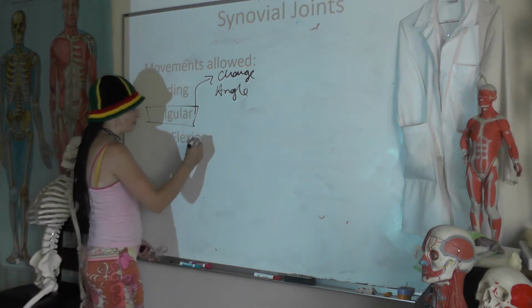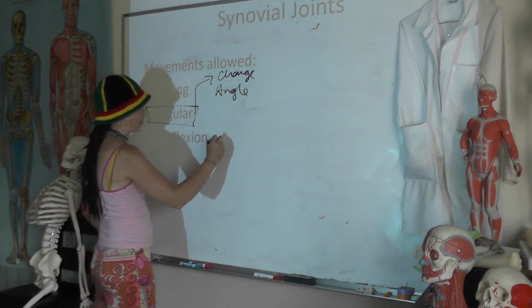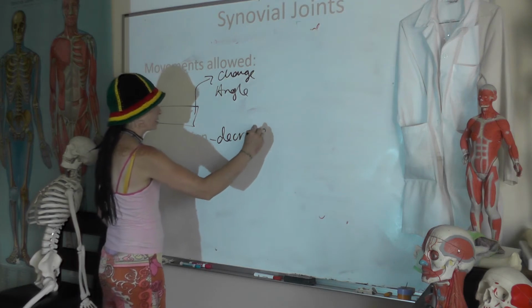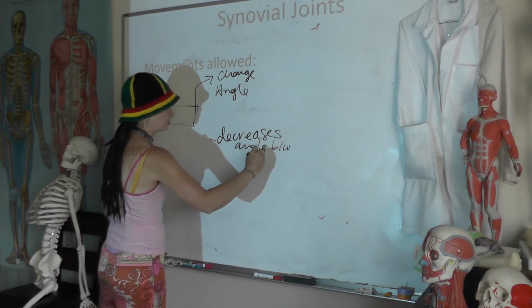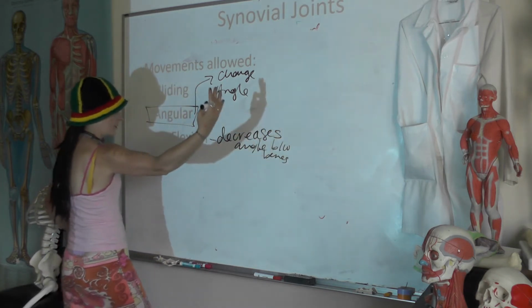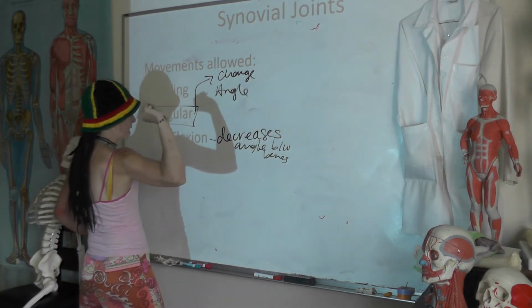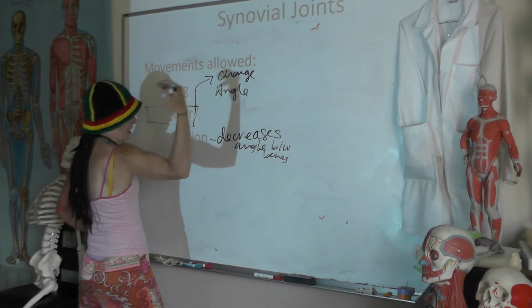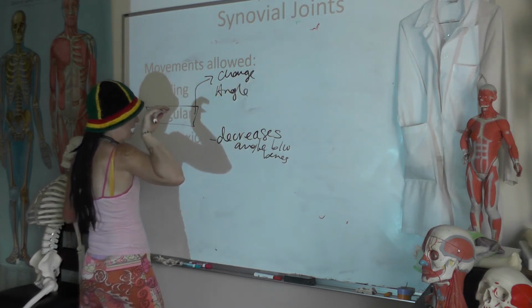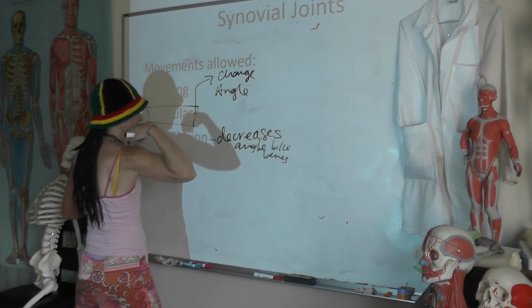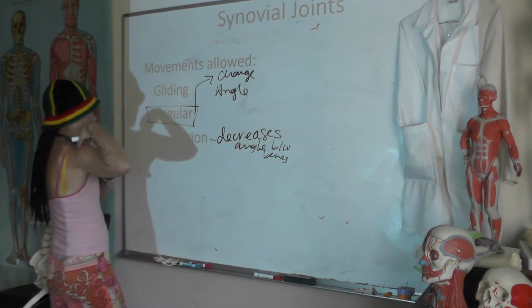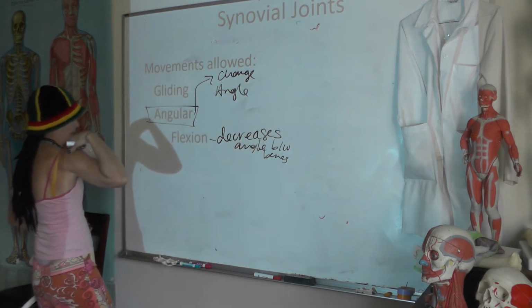Flexion decreases the angle between the bones. So for flexion of my forearm, biceps brachii is the agonist, a synergist would be brachialis, and an antagonist would be triceps. But if I'm decreasing the angle, I am flexing.